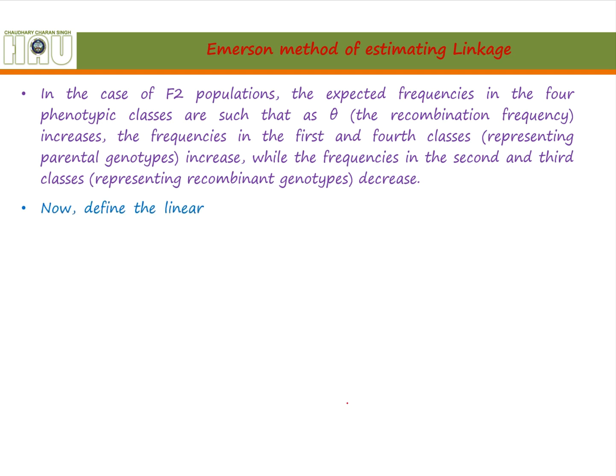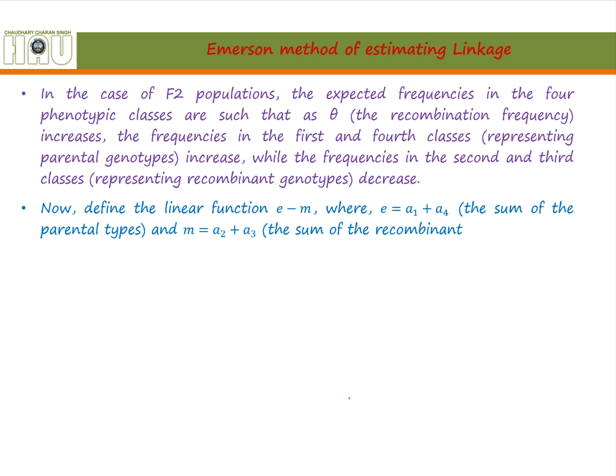So now define the linear function E minus M, where E is A1 plus A4, the sum of the parental types, and M is the recombinant type.